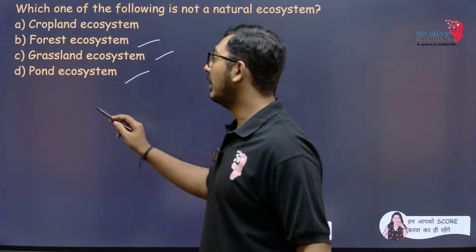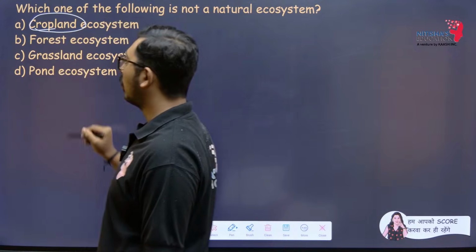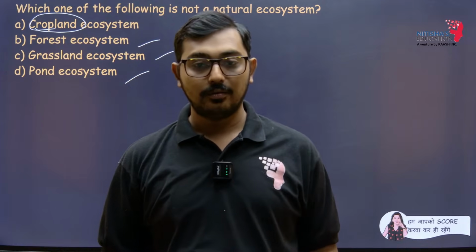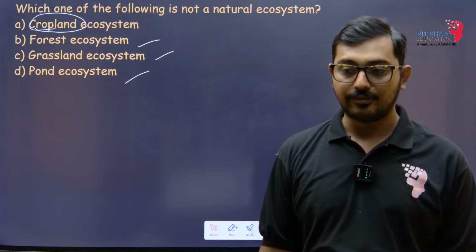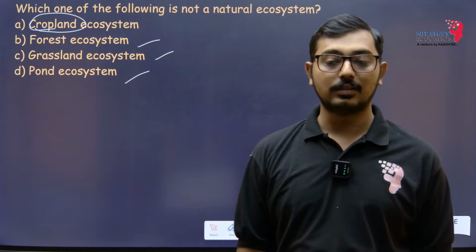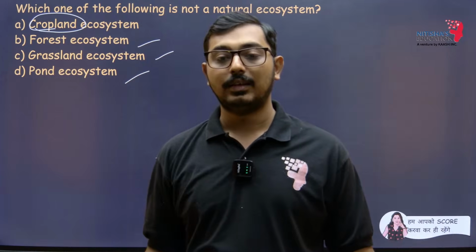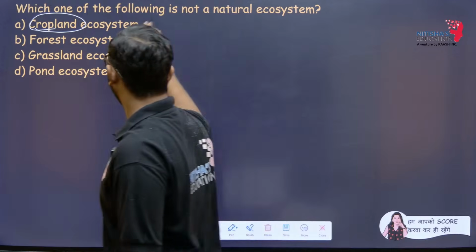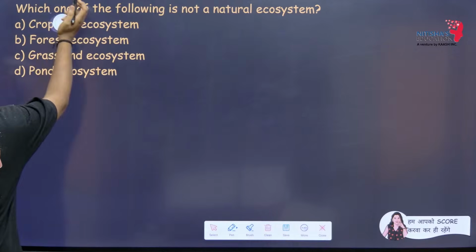But a crop field, we make for our own consumption. We make a field, we yield a field. So whatever ecosystem has been generated in that place is man-made. So this is our answer. A should be the answer.